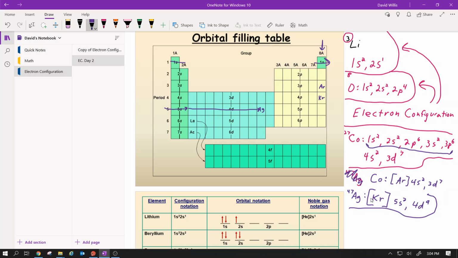Yes, sir. Is that because noble gases are neutral and won't lose or gain electrons? Well, the reason noble gases are inert, which is the technical word we use, is that their outer electron shell, their valence electron shell, is full. Because they have 8 electrons in their outer shell, they are inert.